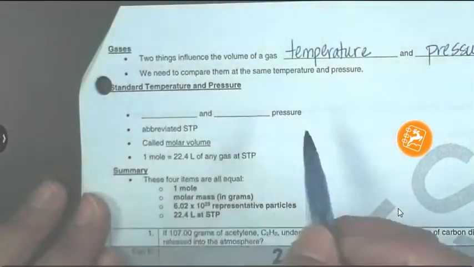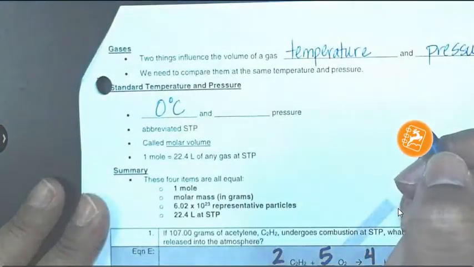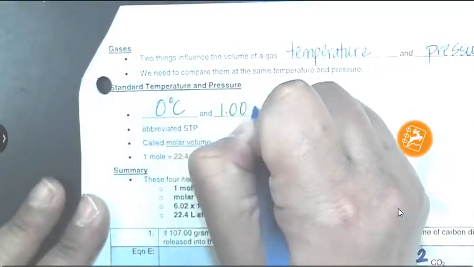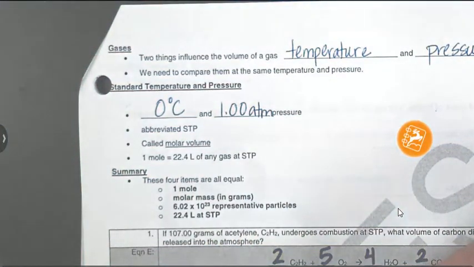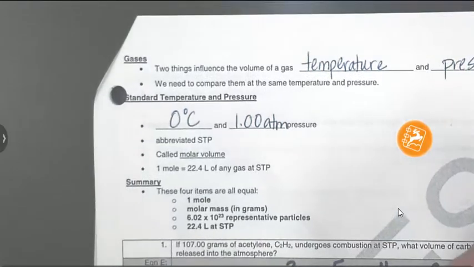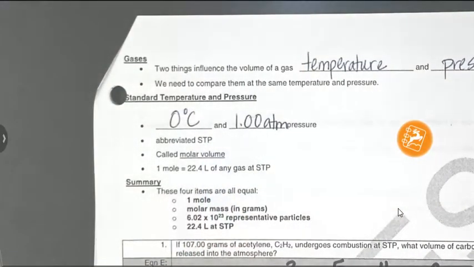Standard temperature and pressure is 0 degrees Celsius for the temperature and 1.00 atm for the pressure. ATM stands for atmospheres. We're going to learn more about that in chapter 13. It's abbreviated STP. So the nice thing is, in the problem, they have to tell you that this reaction is at STP. That gives you a hint that, if I wanted to, I could use 22.4 liters for the volume.